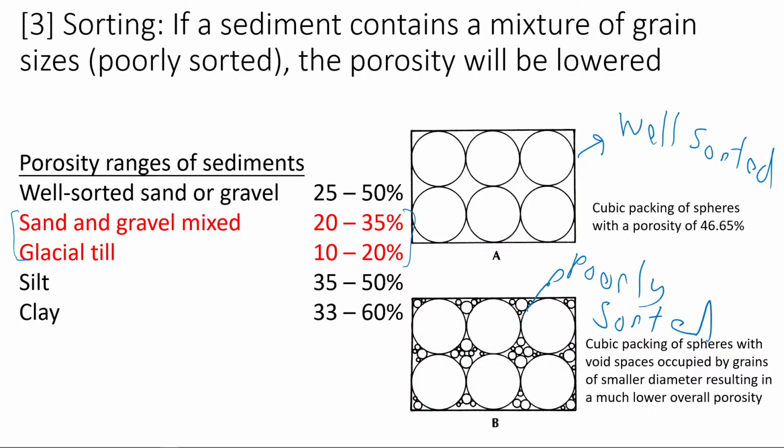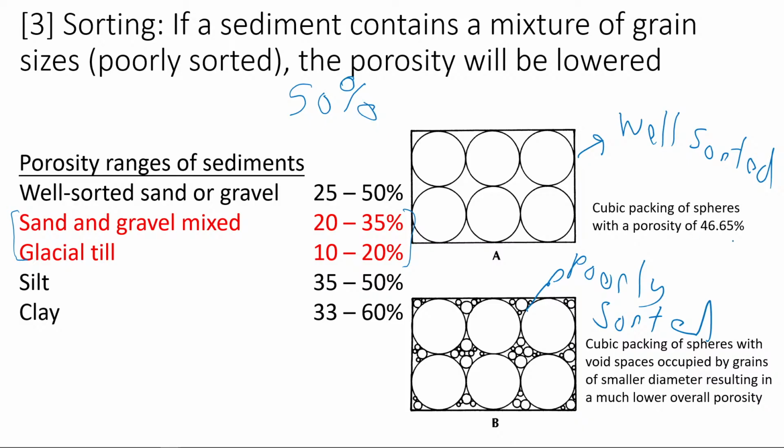Of course, here the porosity is higher because you have only one grain size. Here you have many grain sizes, big and small. When it's poorly sorted, these different grain sizes will fill these voids, and that's why. See, it's the same packing. Remember, this cubic packing has a porosity of 50%.